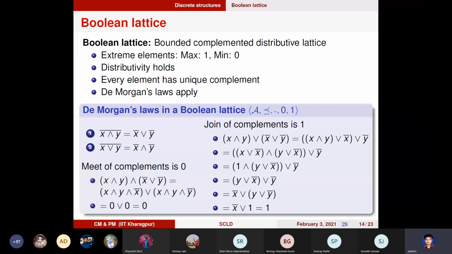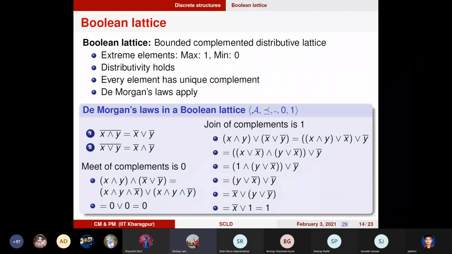So how do you prove the second law? Give me the statements, the 2 statements that will prove the second law.